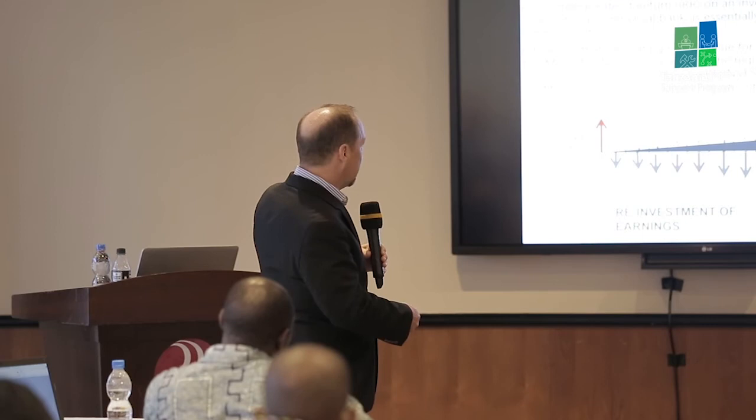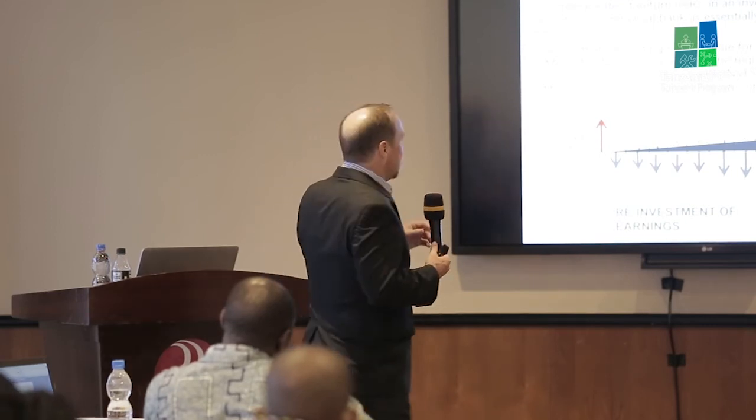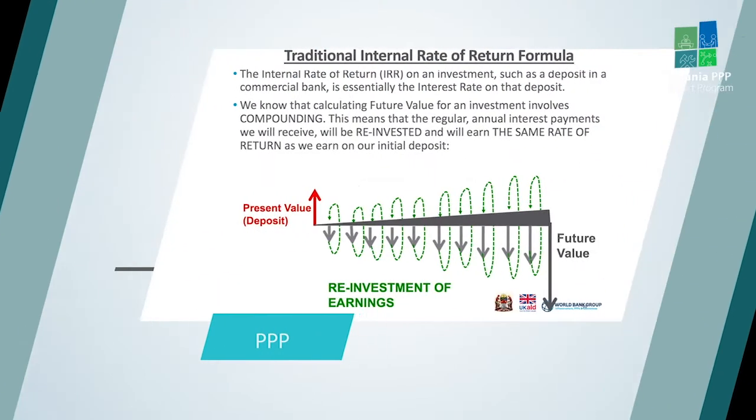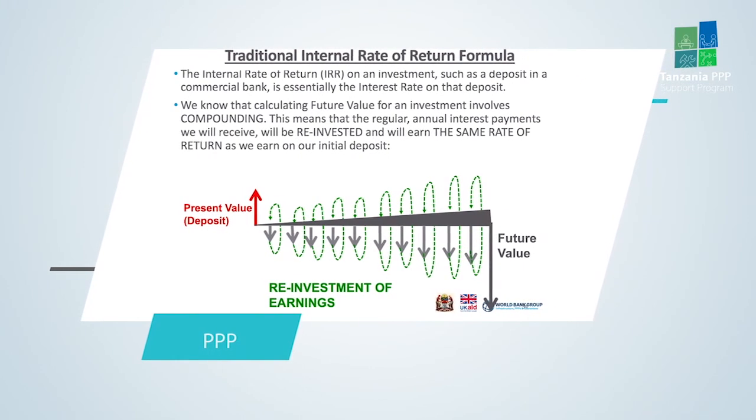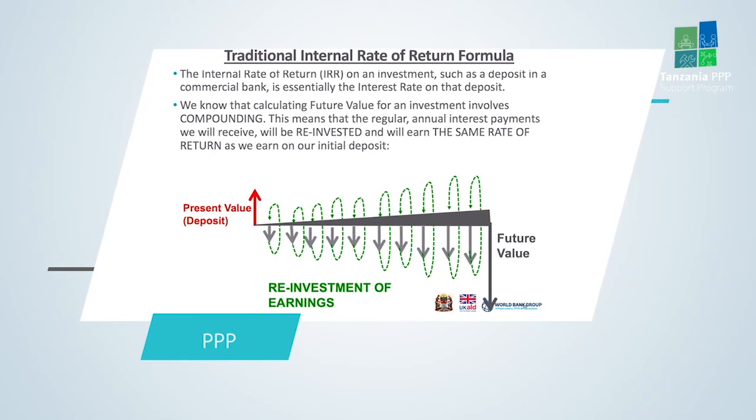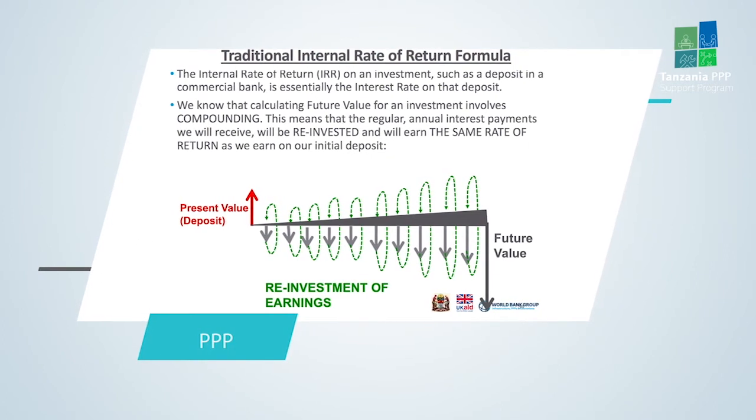And it deals with it by saying, let's say that the project itself produces net cash flows at one rate, the traditional IRR, but when we do get a payment from it, all we can do is invest it in a bank account, a low interest account. We'll call it a finance rate, something that is much lower. So one of the outputs that you're going to see is something called MIRR, modified internal rate of return.